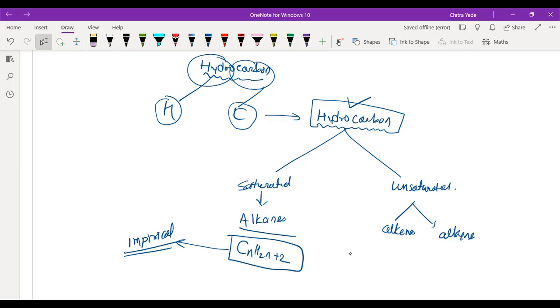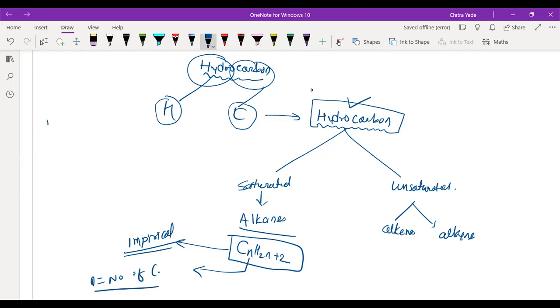The simplest atomic ratio of any compound is called the empirical formula. Here, n represents the number of carbon atoms.